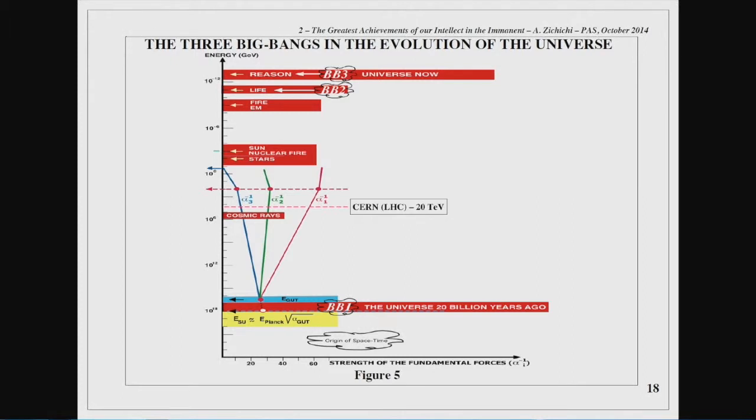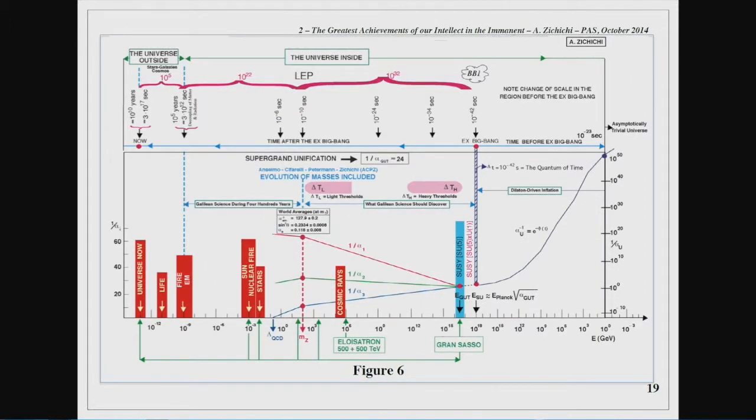The answer is no. So our existence is strongly related to the evolution of the universe versus energy. This is a much more complicated and sophisticated analysis, which I have no time to illustrate, but I want to show you that we are also studying what there was before Big Bang 1.